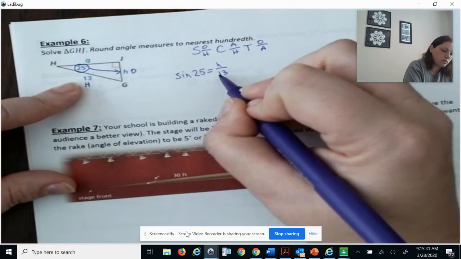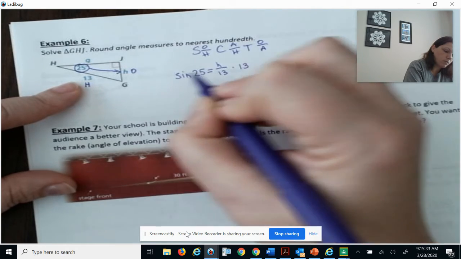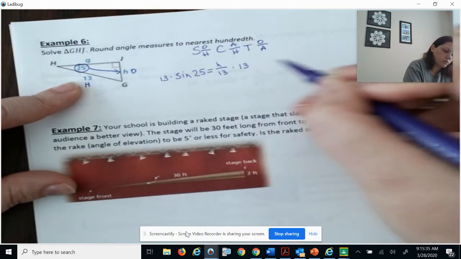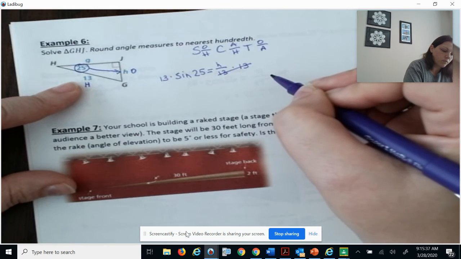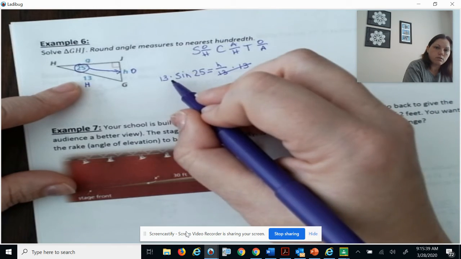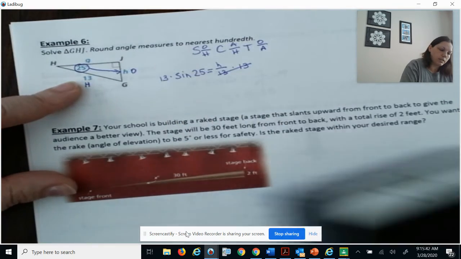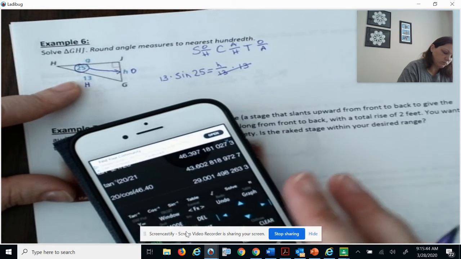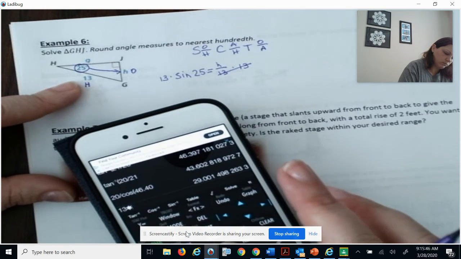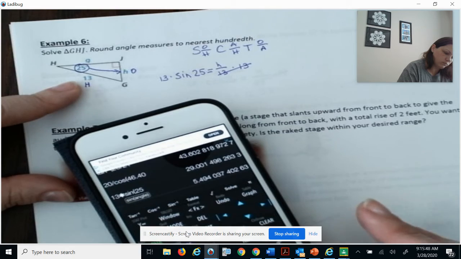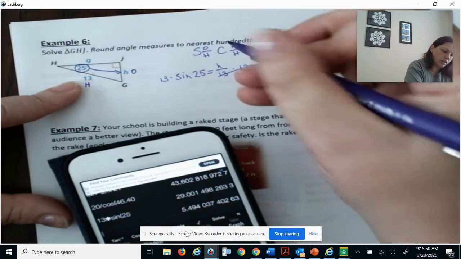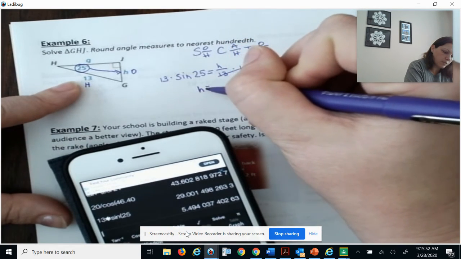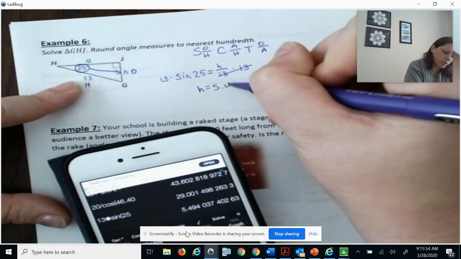Okay, so cancel the fraction by multiplying on both sides. And I have H by itself, so I need to multiply 13 times the sine of 25. And I get 5.49.